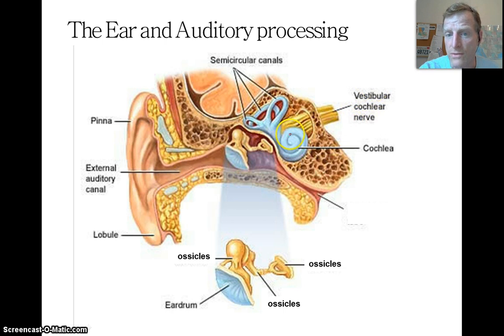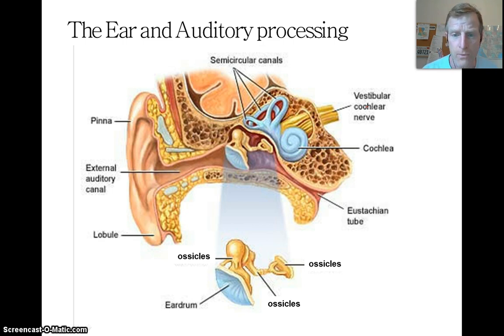So the nerves in here go to the part of your brain associated with auditory processing, okay, through the cochlear nerve.